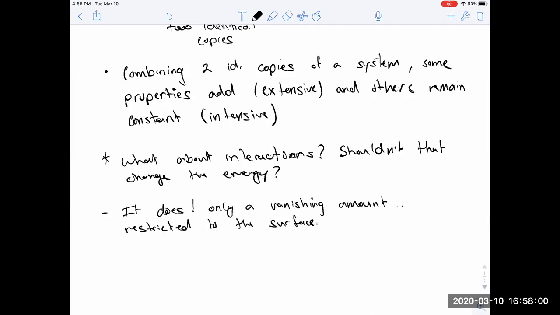So to a very good approximation for a macroscopic system, if I take two identical copies and put them together, while in principle their energy is not simply additive, in practice, the deviation from additivity is incredibly small.